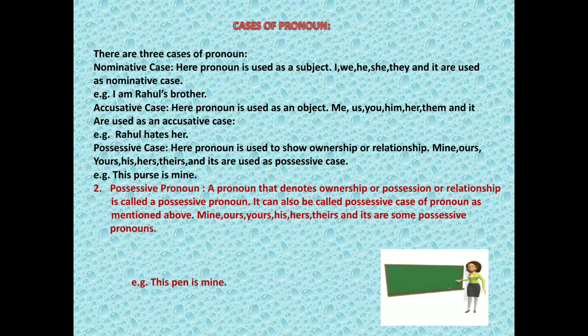Let us see some examples. This pen is mine. Okay, so mine, this is possessive pronoun and it is showing ownership. This house is yours. So yours, it is possessive pronoun. This house of theirs is quite old-fashioned. So theirs, so it will be possessive pronoun.